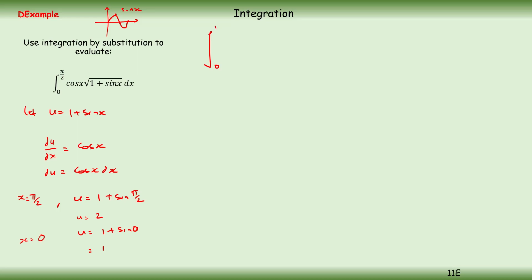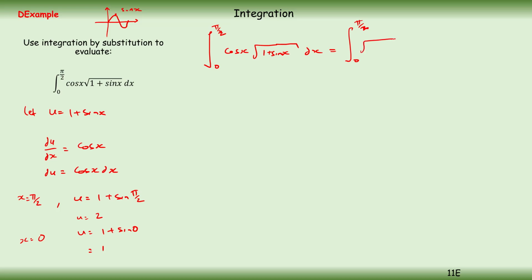Right, let's sub into our integral. It goes from 0 to pi by 2, cos of x square root of 1 plus sine x with respect to x. Rewriting this, moving the cos x next to the dx, nothing's changed really. No material change. Pi by 2.